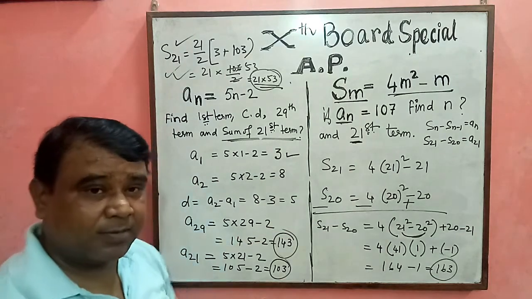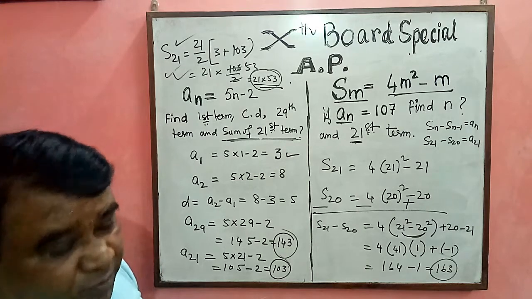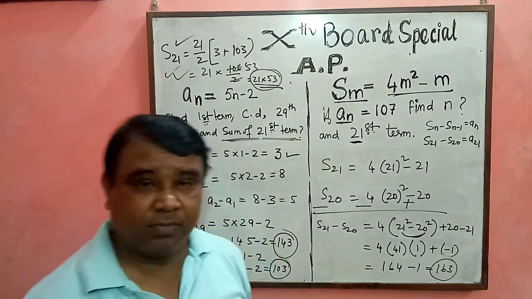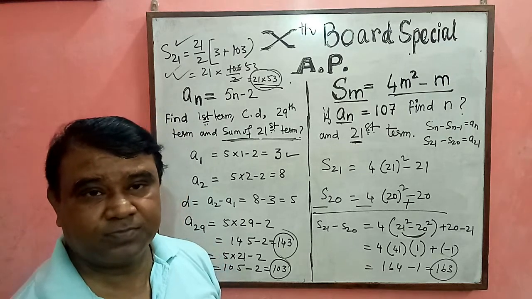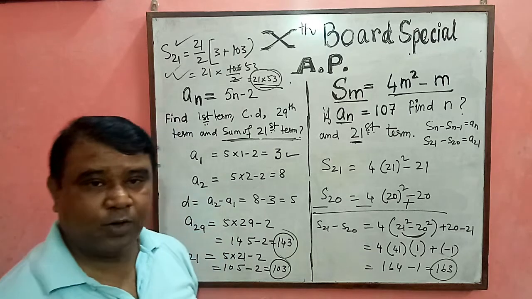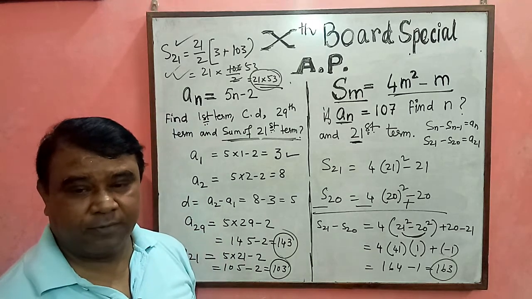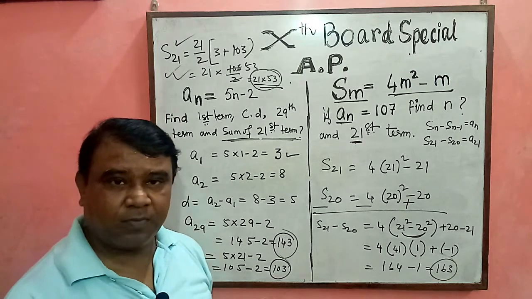I think you have come to know how to find the first positive term, first negative term. For that you have to consider the nth term to be 0. You will already know A and D, you put them in and you will get n. If it is a whole number, the next term will be the first positive or negative term.